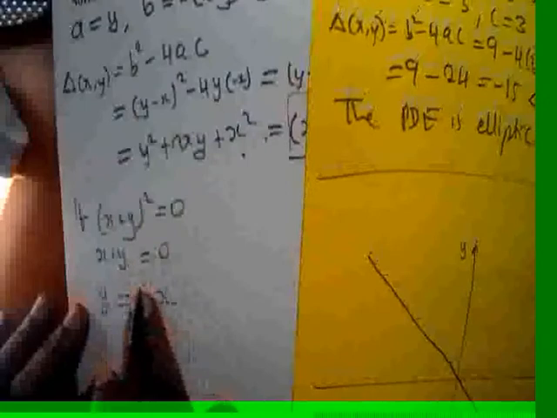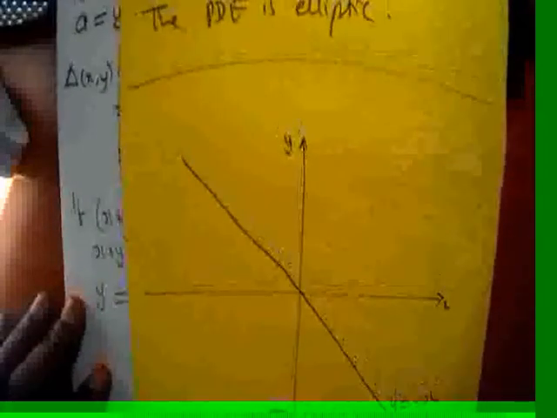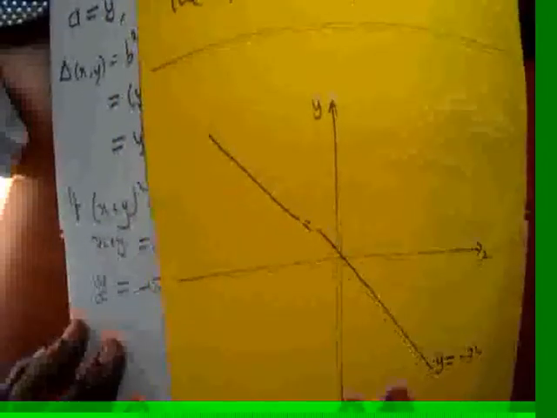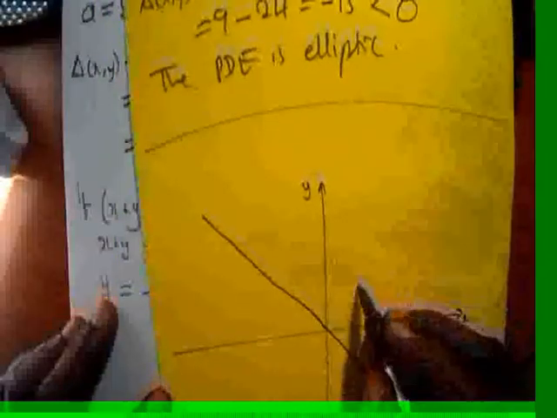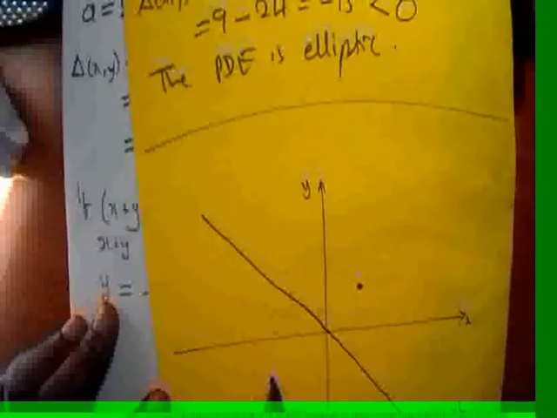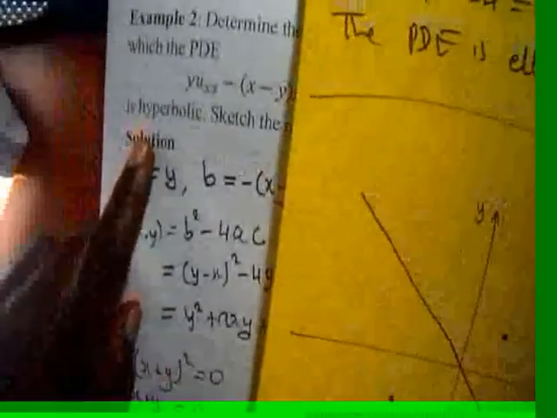And this line, you have to draw it first because that's the line you're going to use to split the domain of the function into two parts or more, depending on the type of function we are dealing with. Now all that we need to do is to pick a point here and a point here and test whether that point will be greater than 0, as we are to verify whether it is hyperbolic.